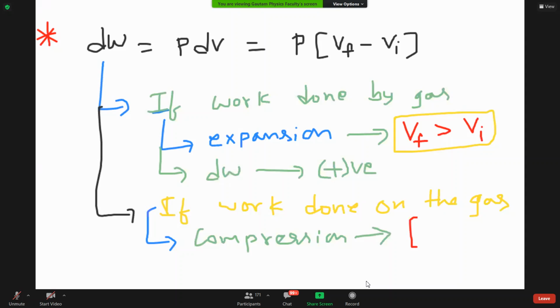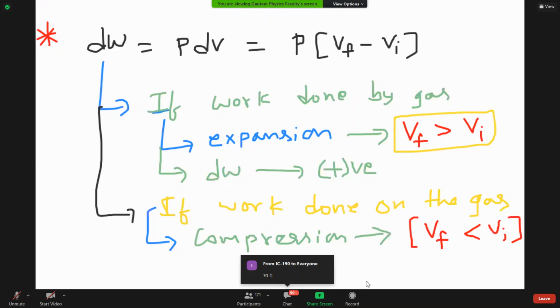Compression means final volume is less than initial volume. In this situation, work done is negative.